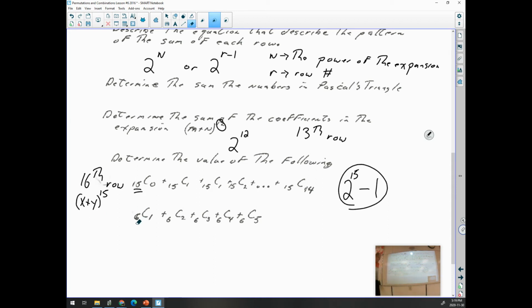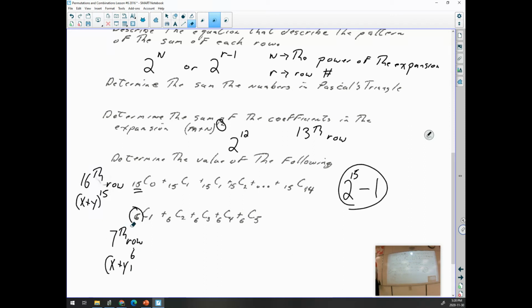Here we have, again, the 7th row. It starts with a 6. The row number is always one more than the expansion. So in this case, this would be (x + y) to the 6. So this number here, the 6, is what we're expanding the binomial to.